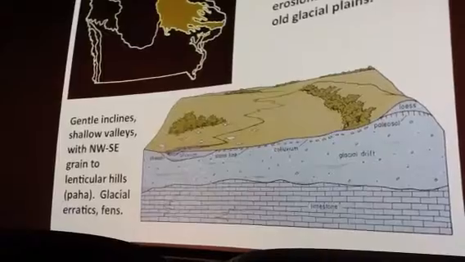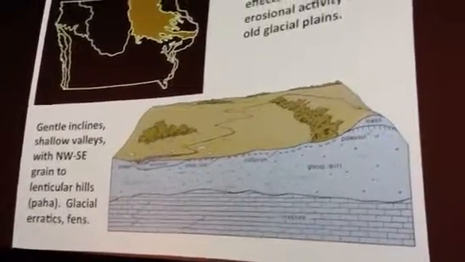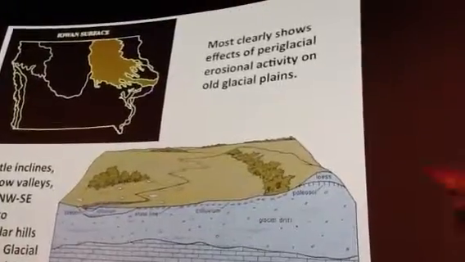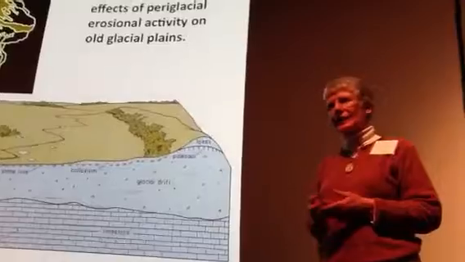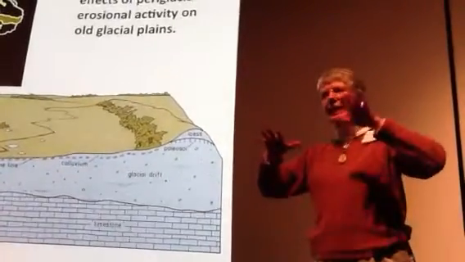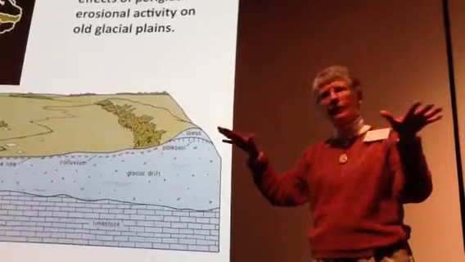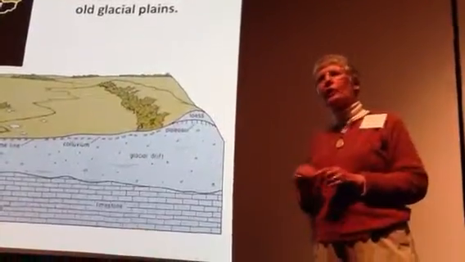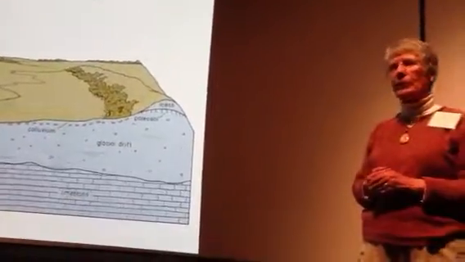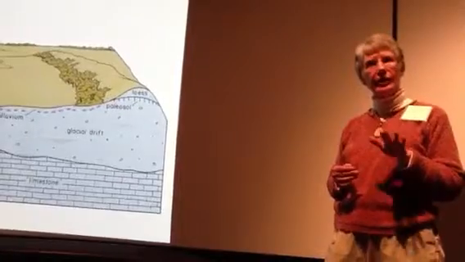clearly shows the effect of what we call periglacial erosion on old glacial plains. In other words, it's the southern Iowa drift plain that's eroded even more extensively to the point where it's taken some of the inequalities out of the land surface and just leveled things out. And this leveling out or erosional scouring took place during the period of maximum glacial cold during the Wisconsin ice period.